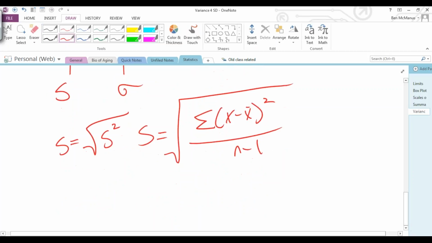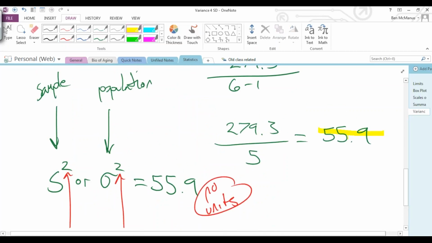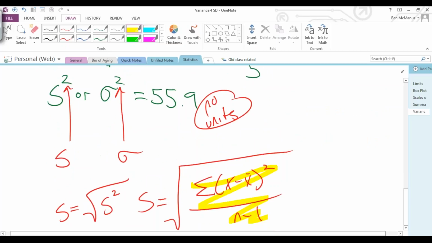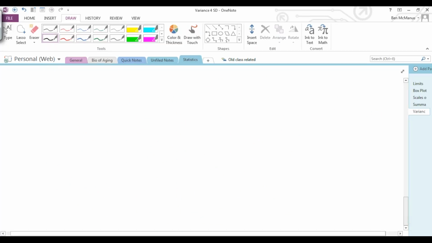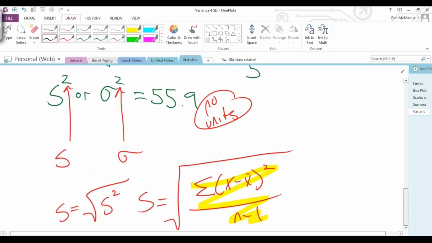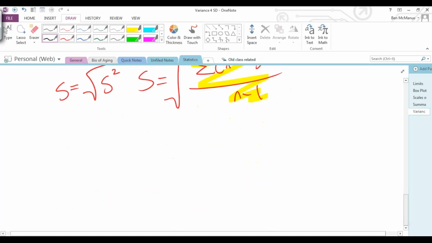Now, we've already gone through this part up above, and you got 55.9. So if we wanted the standard deviation for these data, then depending on whether we're talking about a population or a sample, we would just take the square root of the variance that we found.